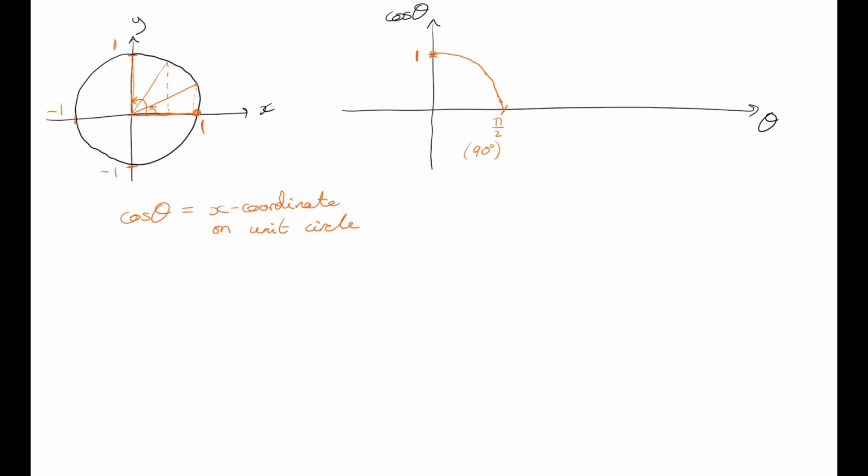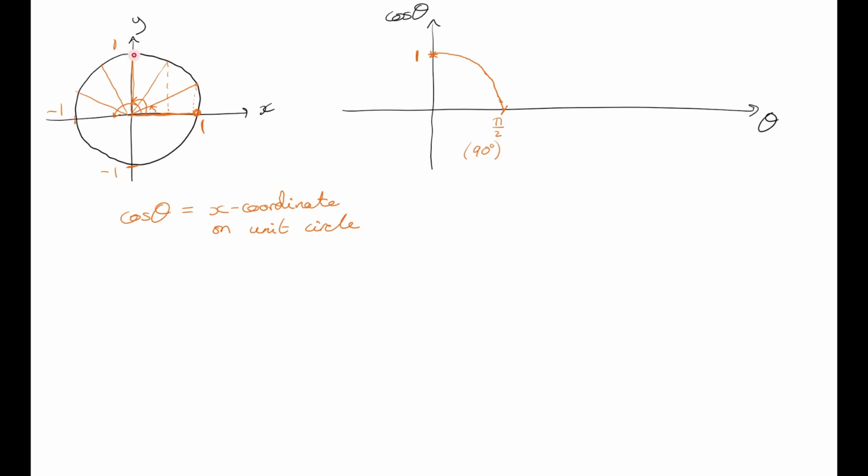Okay, what happens as I continue to move round this circle? So we'll think about the next quadrant. As we continue to move round, theta continues to increase. So again, we're thinking about what's happening to cos theta as theta increases in this part of the circle.